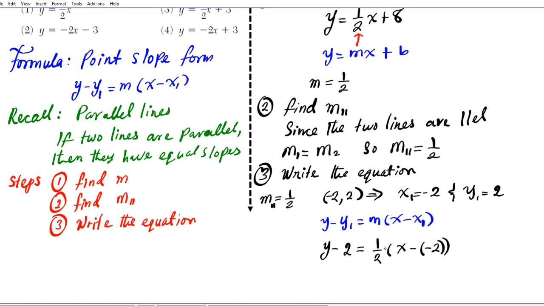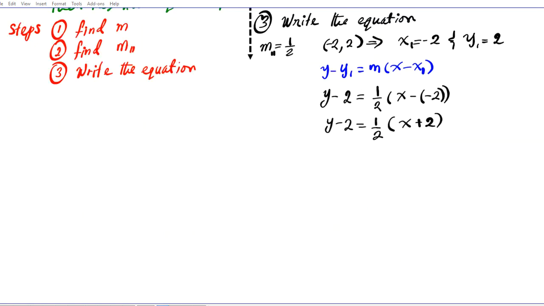First things first, we have to multiply these two signs. Minus times minus is going to be plus. So we have y minus 2 is equal to 1/2 x plus 2. Anytime you multiply the same signs, you always end up with positive.